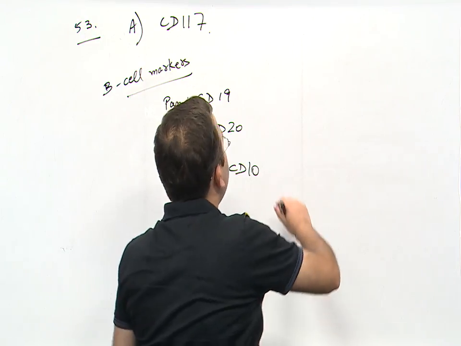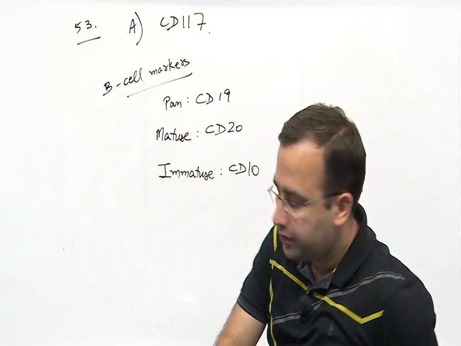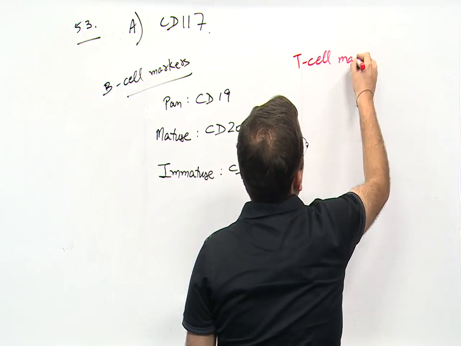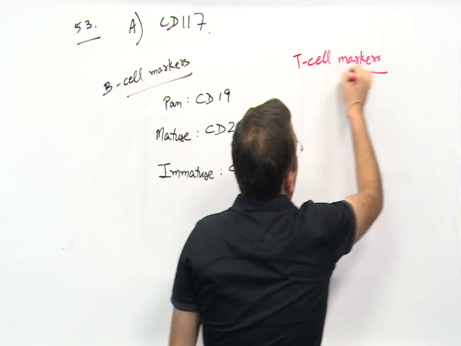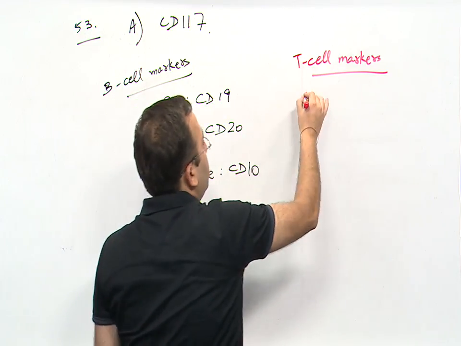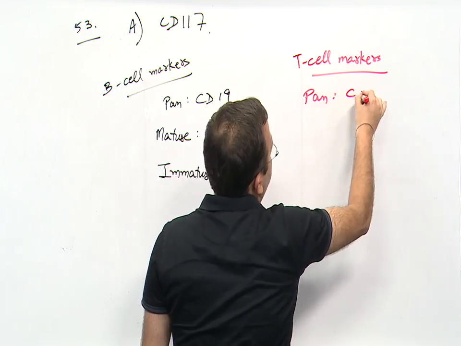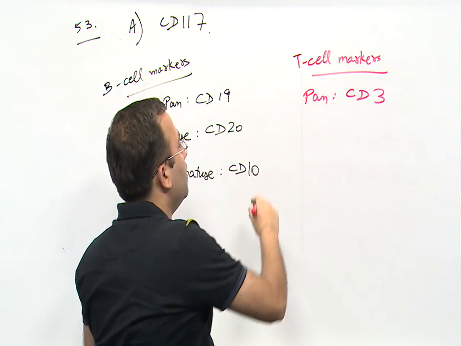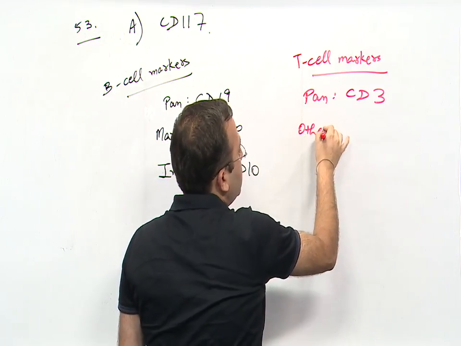Next point, T cell markers. Pan T cell marker, present on all the T cells, is CD3.